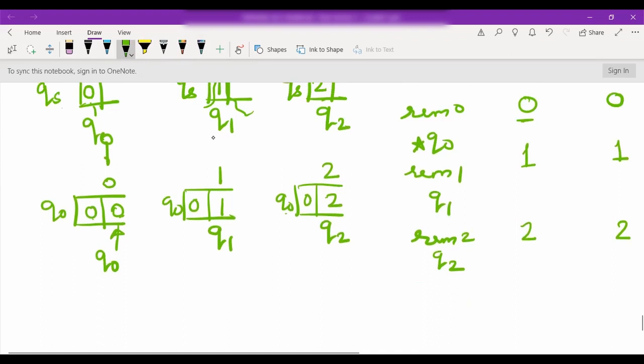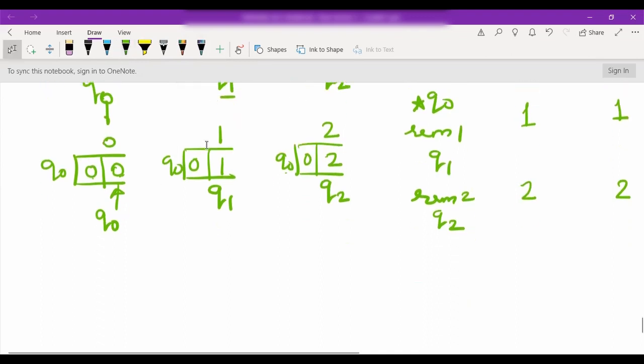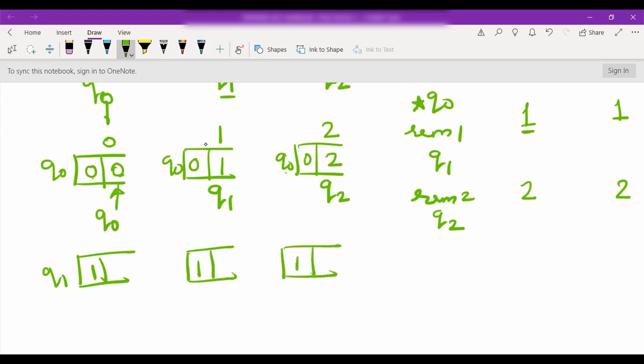The next state that has to be considered is Q1. Now we will consider Q1. What is this Q1 state? Which input string does Q1 represent? Q1 represents the input string 1. So Q1 state represents input string 1, and we are going to have 3 different tapes as we are having 3 inputs. So now we are having Q1 here. Q1 with the next bit can be 0, next bit can be 1, next bit can be 2. So Q1 with the next bit as 0 is going to create the number 1, 0, which is the number 3.